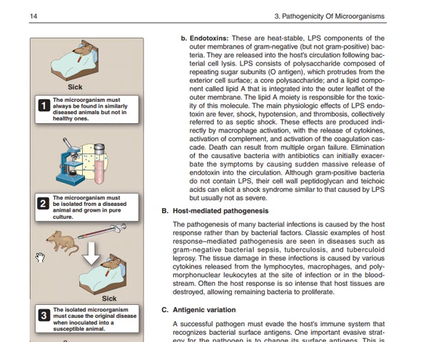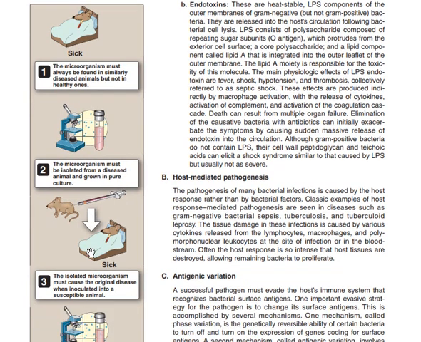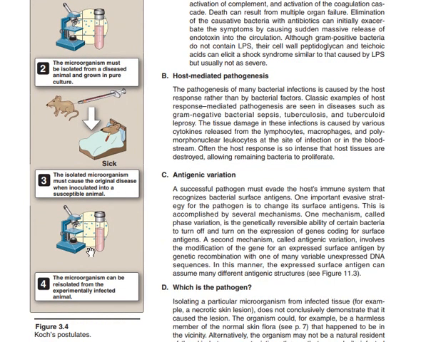Now when it's inoculated, that species is going to have again the same clinical features. Also, the isolated microorganism must cause the same original disease when inoculated into the susceptible animal. Is it clear?